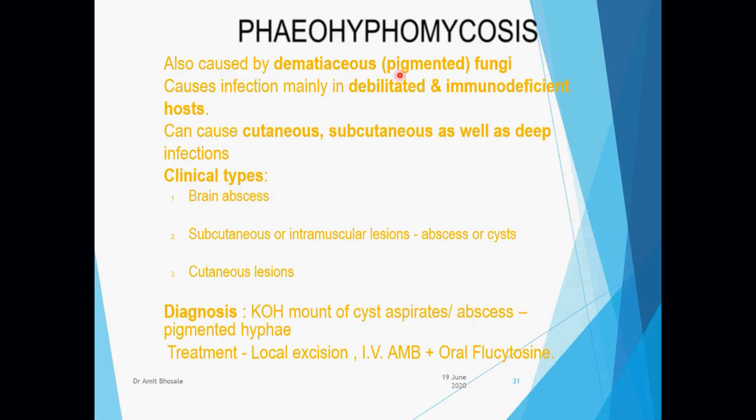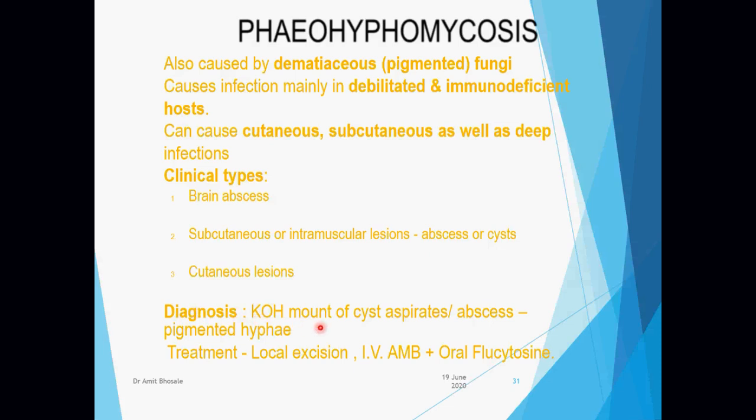Again, dematiaceous means pigmented, black colored fungus. It causes infection mainly in debilitated and immunodeficient hosts, and can cause cutaneous, subcutaneous as well as deep infections. Clinical types: brain abscess, subcutaneous or intramuscular lesions which give rise to abscesses or cyst formation, and cutaneous lesions.